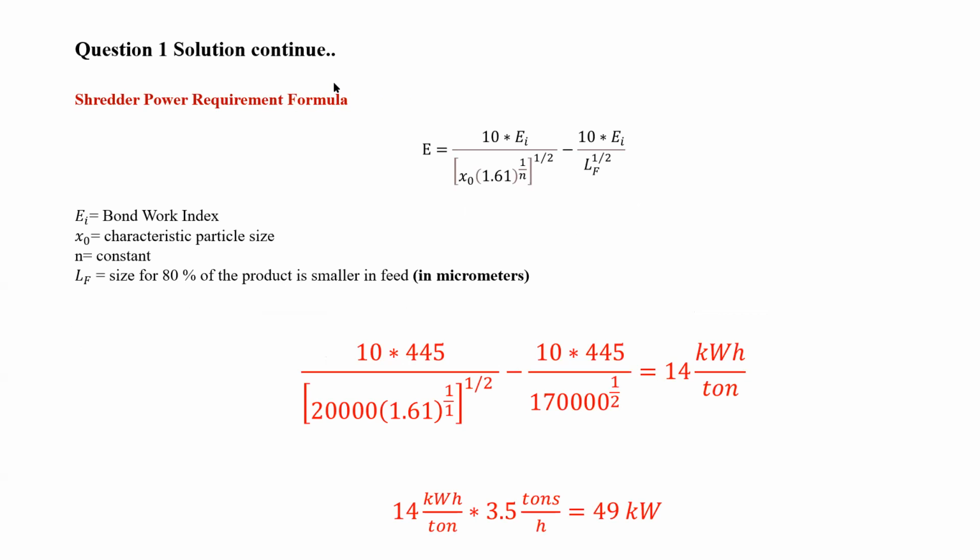As a result of this calculation, the power required for 1 ton of material is 14 kilowatt hour. But our feed rate is 3.5 tons per hour, so we should multiply these two numbers together and find the required power as 49 kilowatt hour.